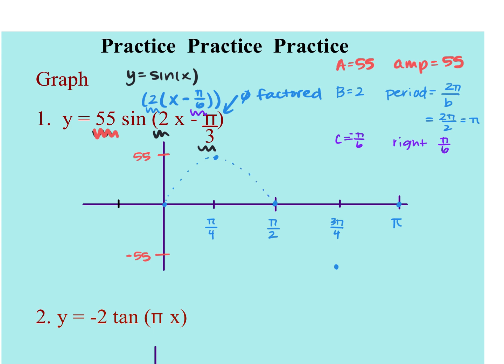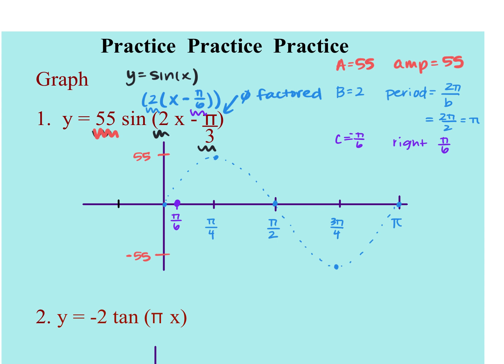Okay, and I'm using a dotted line because I know this isn't my final graph. This is before that shift. Just getting that basic shape with the stretches and shrinks. Now all 5 of these points need to move to the right by pi over 6. So I'm going to move them and label the final location. So moving to the right, pi over 6 would give me a first point at pi over 6.